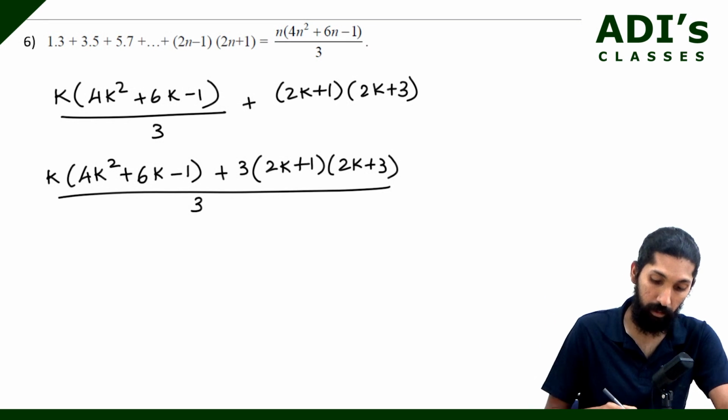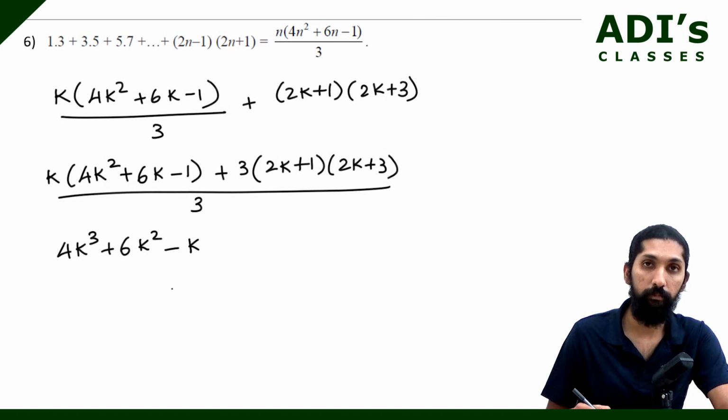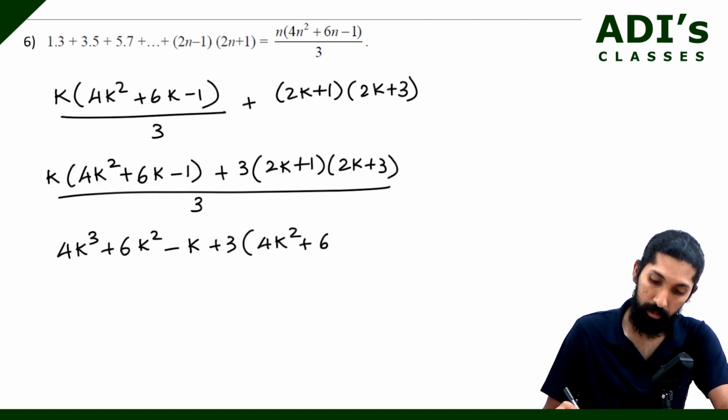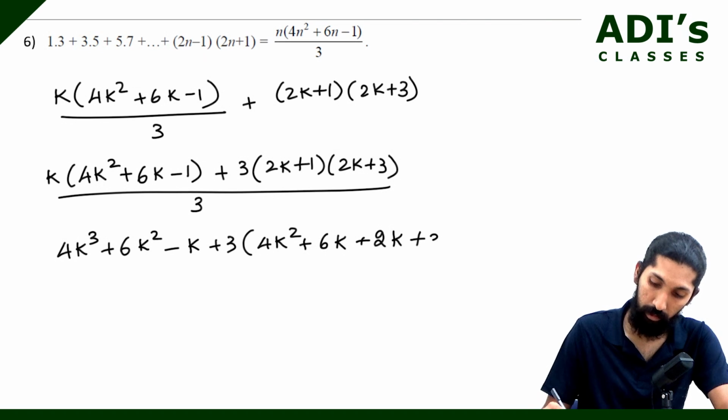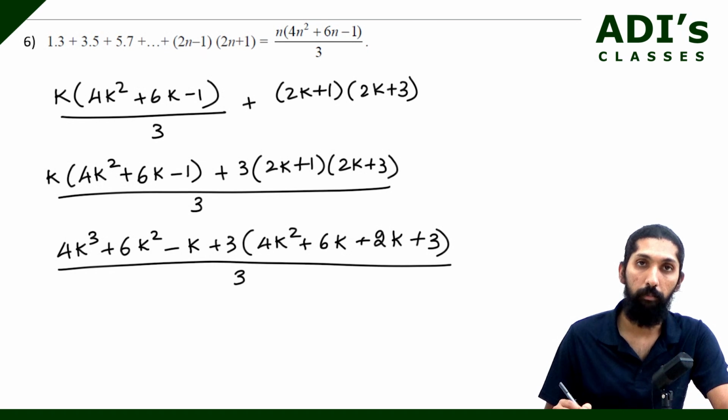See here what you can do. So you can take 4k cube plus 6k square minus k, correct? Plus 3 into 4k square plus 6k plus 2k plus 3 whole divided by 3. Multiply.